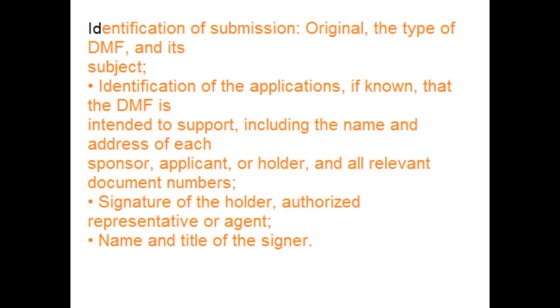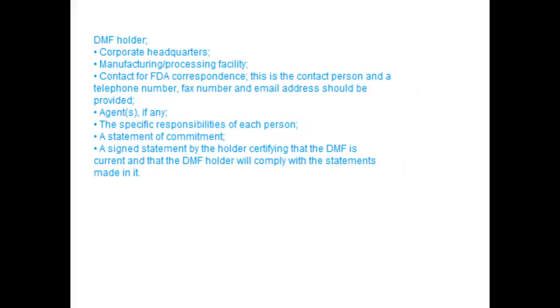The first one is the identification of submission, that is the original, type of DMF and its subject. Second is identification of the application, if known, that the DMF is intended to support, including the name and address of each sponsor, applicant or holder, and all relevant document numbers. Third is the signature of the holder, authorized representative or agent. Last is the name and title of the signer. The administrative information required is as follows.